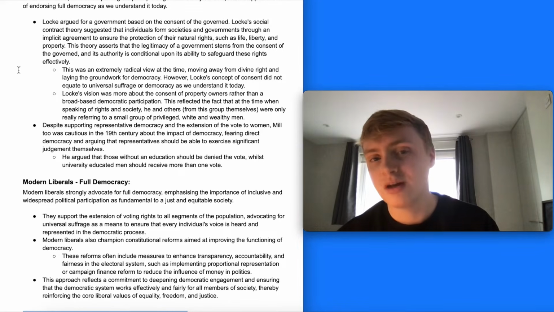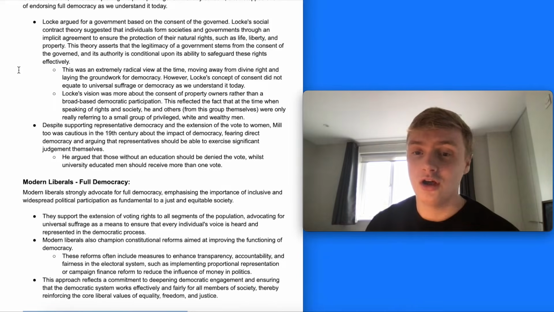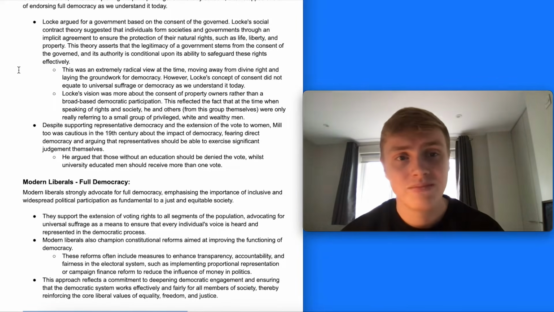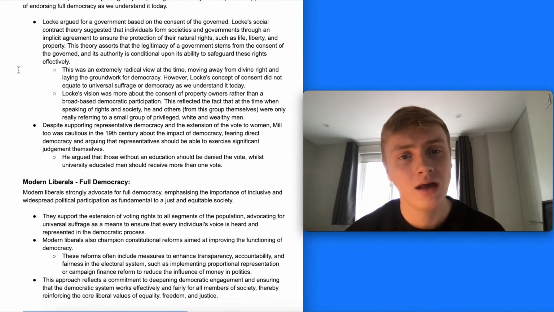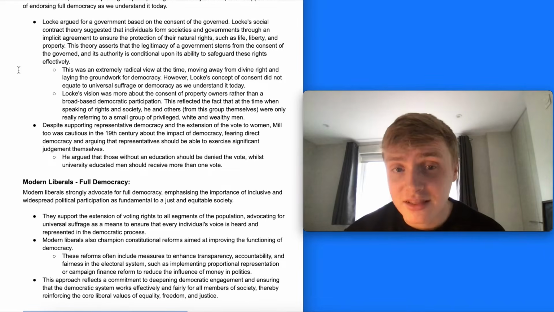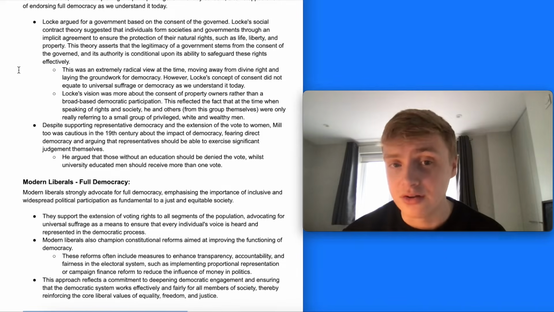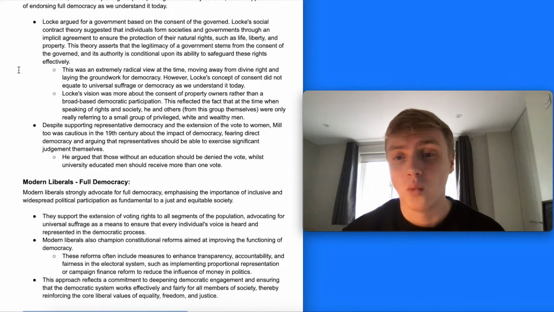But crucially, this concept of government by consent didn't mean he supported universal democracy or universal suffrage as we understand it today. Instead, it was more narrow, about the consent of property owners. This reflected the fact that when he was talking about rights and society at the time, he and others were only really referring to a small group of privileged, white and wealthy men.